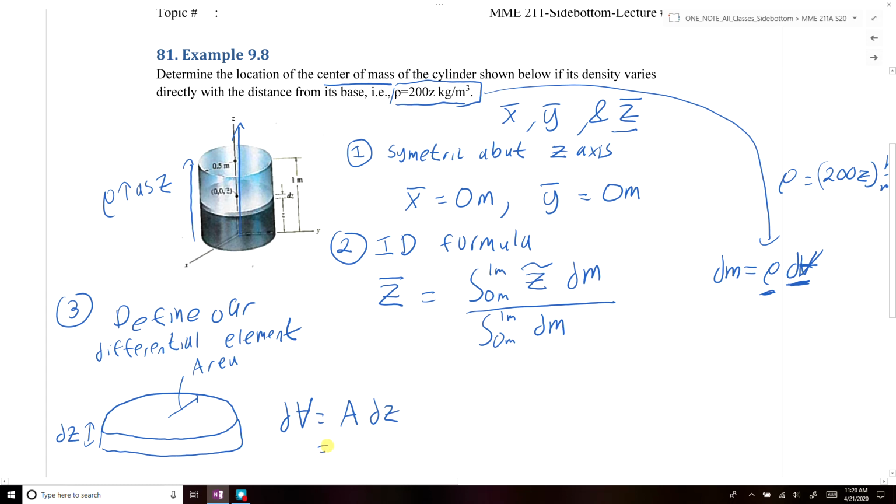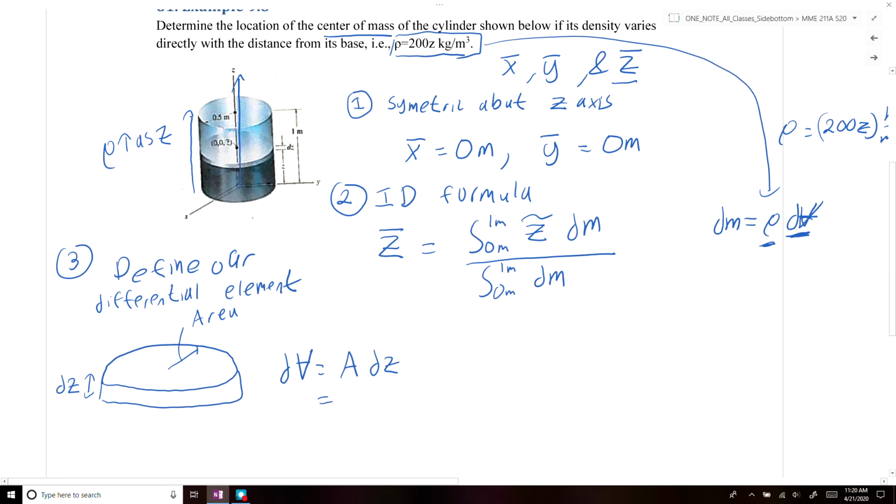So we know the area of a cylinder is pi times r squared. In this case, our radius is equal to 0.5 meters, squared, and dz we'll just leave as dz.